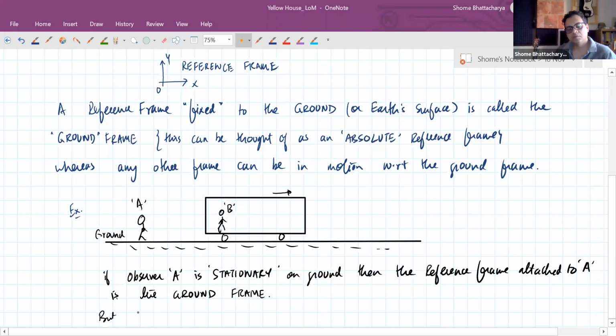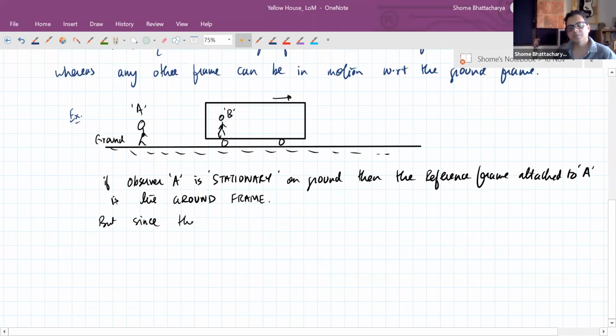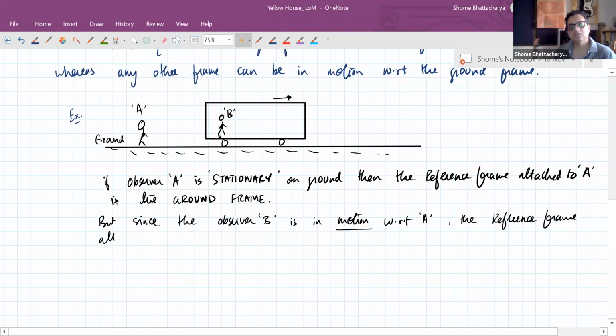But since the observer B is in motion with respect to A, the reference frame attached to B is moving with respect to the ground frame.